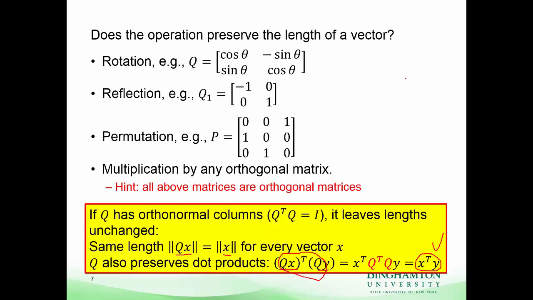So any orthogonal matrix is really just some sort of glorified rotation of the space. Obviously, reflections and permutations aren't quite rotations, but it's manipulating the space in a way that all the geometry stays the same. And that's the cool thing about them.